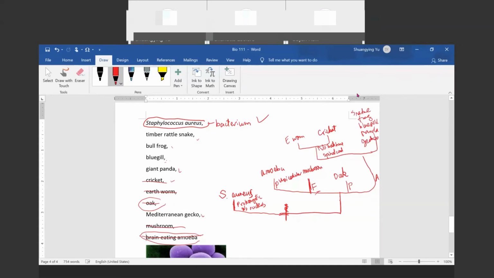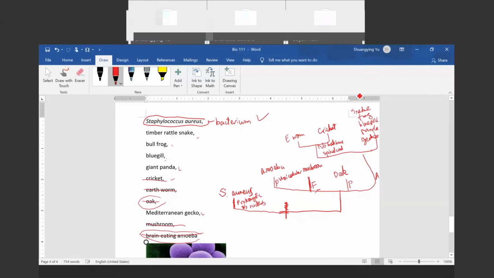Now you can leave it like this if you want. I totally understand, but it would be better if you can group them a little bit further. So what other characteristics can you group them by? I was thinking about the way I did it.